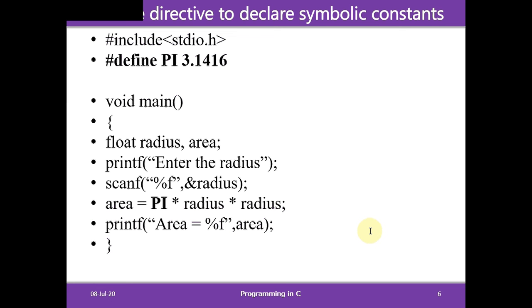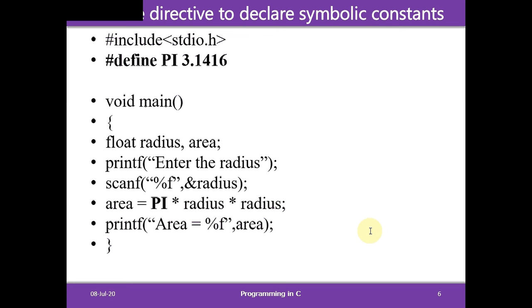After that, area equal to pi into radius into radius. It means actually pi r square, so the area of a circle is calculated here. Note that pi is capital; I have given it in bold so that you can understand. Pi is a constant that is defined earlier, and area equal to pi, the 3.1416, into whatever the user gives as radius.